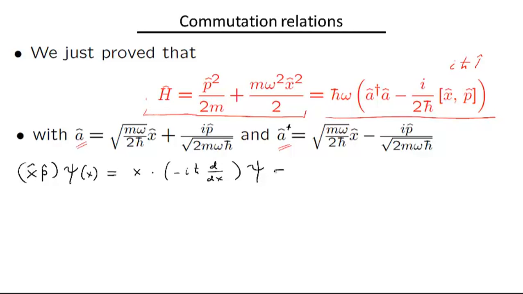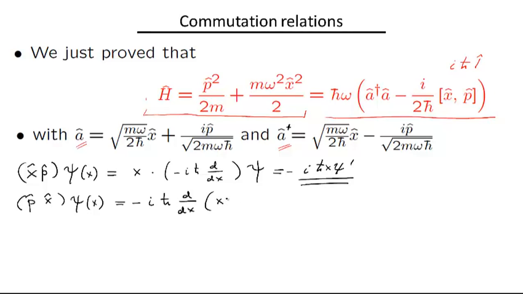And so what we're going to have is minus i h bar x psi prime. This is the result of the action of these two operators in this order. Now, if we consider a different order, where x is going to act first and then the momentum, we can write it as minus i h bar d over dx of x times psi.